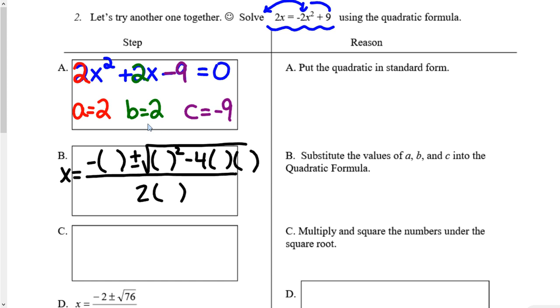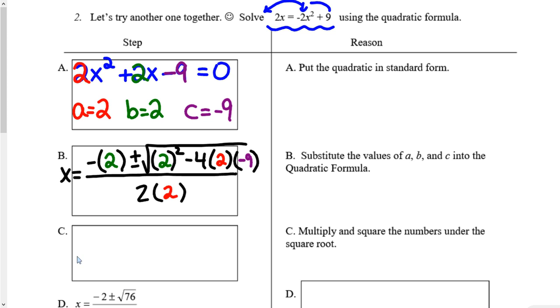The opposite of b was 2, so now I'm going to have a -2 up there on top. Then I had plus or minus b squared, so that was 2 squared, minus 4 times a, which was 2, times c, which was -9, all over 2a, and a again was 2. So let's start doing some simplifying here.